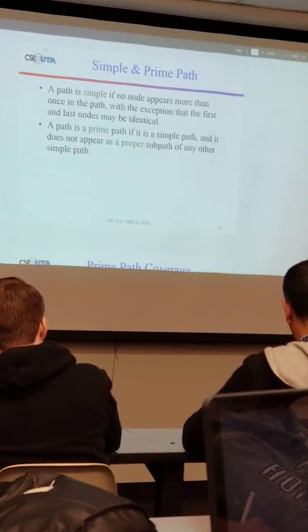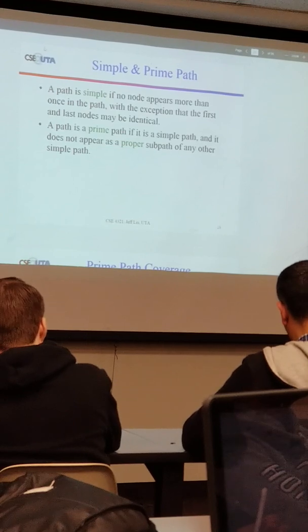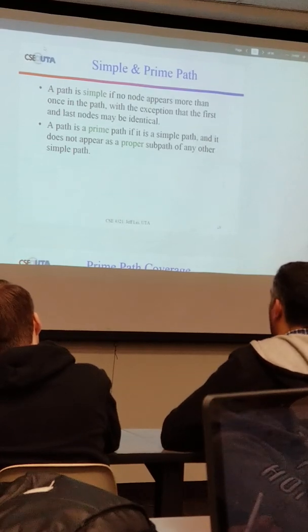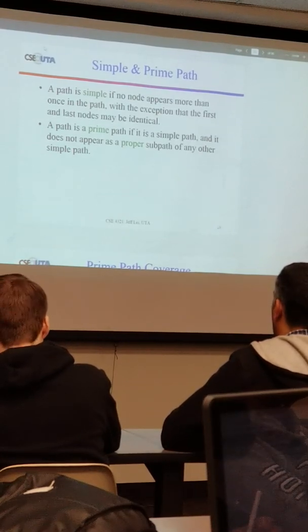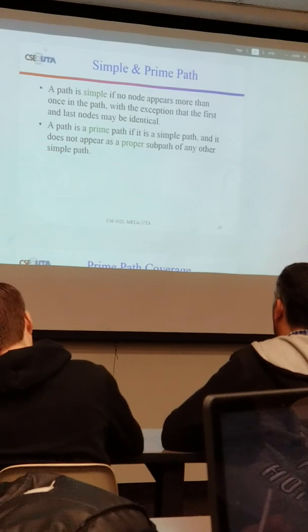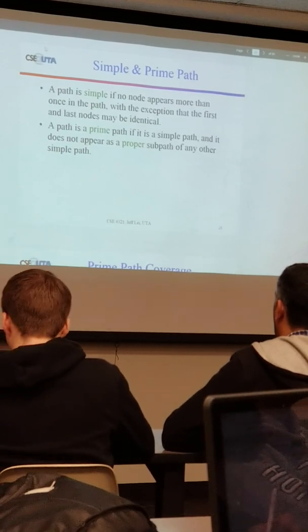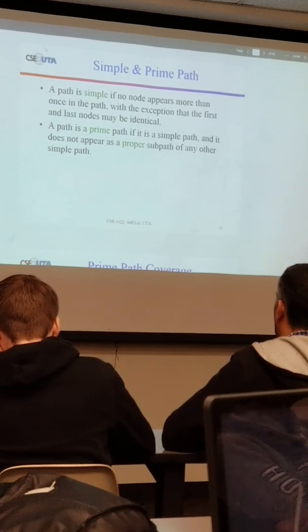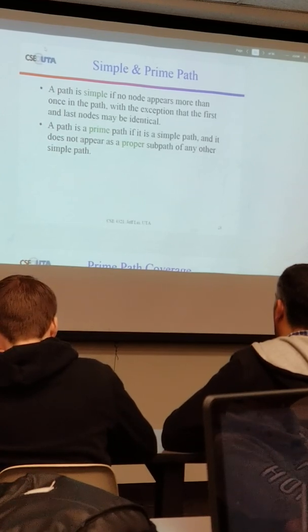So the second concept is called the prime path. One way to understand that is that a prime path is a maximum simple path. That means no other simple path could properly contain this simple path. So there are two requirements.